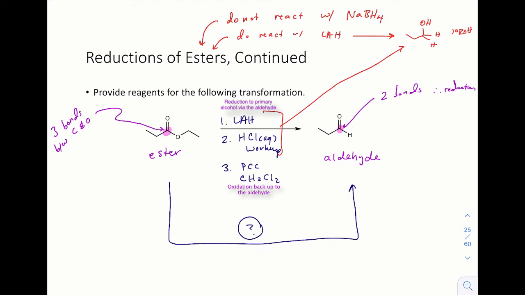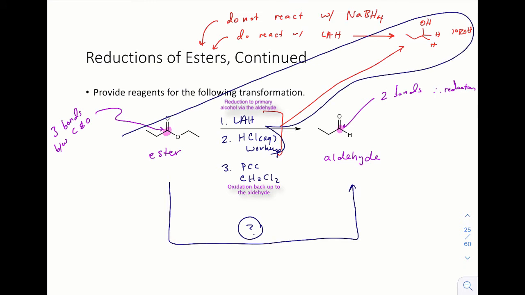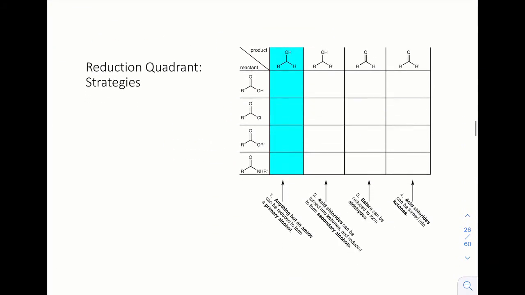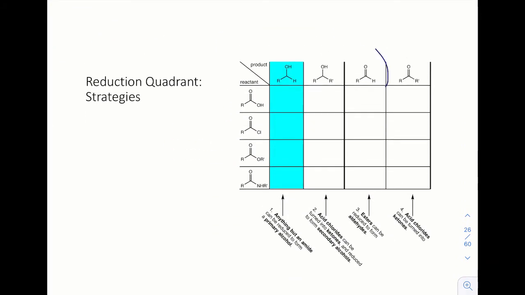But for the meantime, we have this clunky reduction-oxidation transformation from ester to aldehyde. And that's because in the ester reduction, as we discussed, the aldehyde is the intermediate, and they're super reactive with LAH.